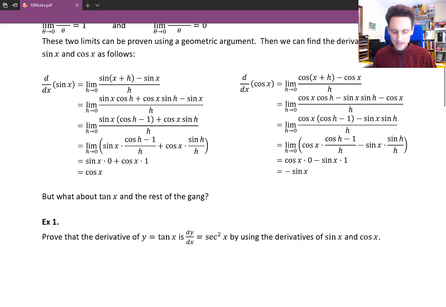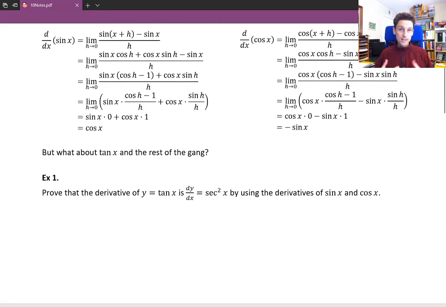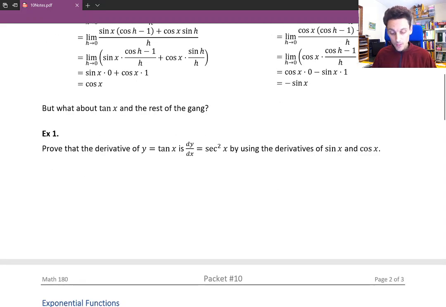What about tangent and the rest of the trig functions? Well, once you have sine and cosine under your belt, once we've proven those two derivatives, we can use those derivatives to help prove the derivative of, say, tangent x, which, recall, is secant squared x.